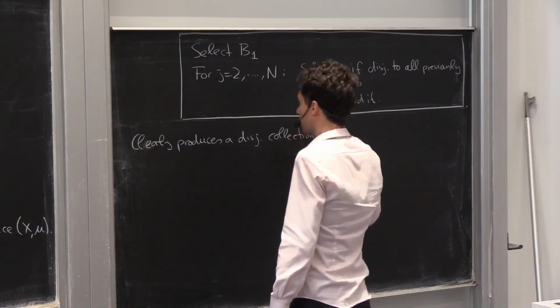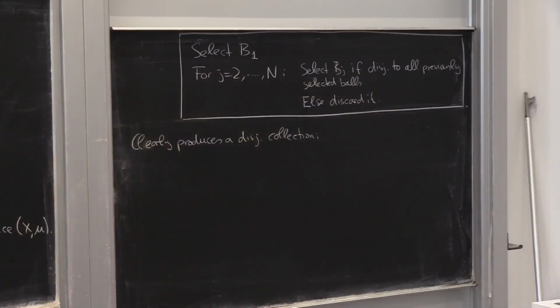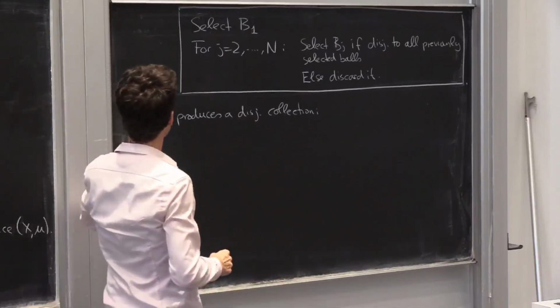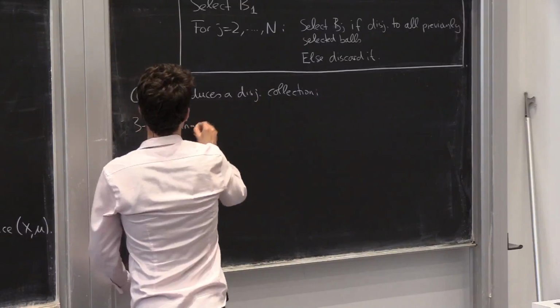Because before making any choice, I'm always going to check for disjointness. So we're going to call the collection that is returned by the algorithm P prime, and what I need to prove is the covering property.